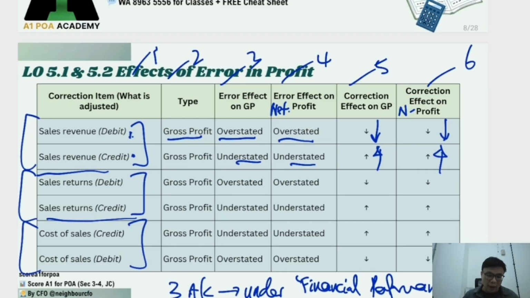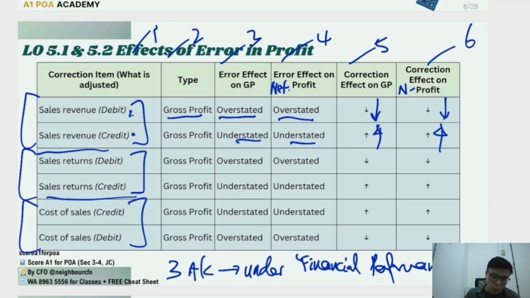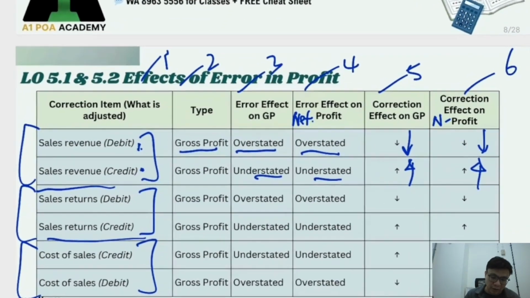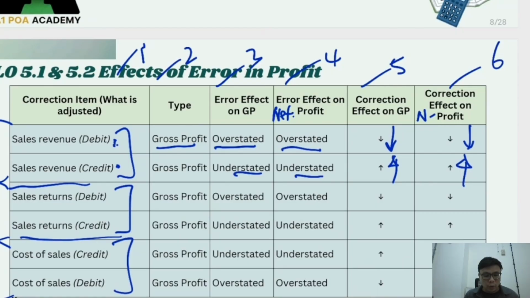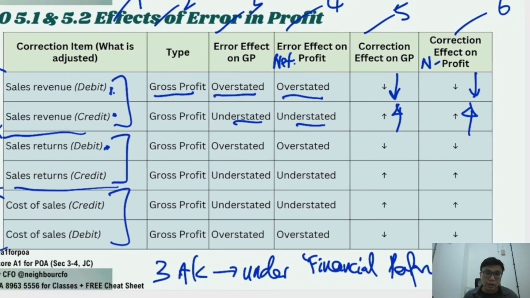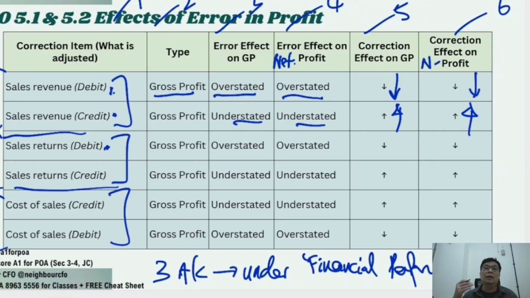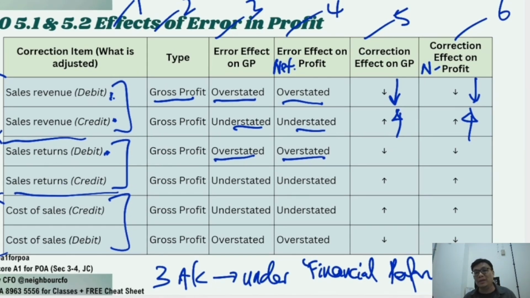So let us take a look. What do we mean when we do a correction by debiting the sales return? We know that the nature of the sales return is a debit nature. So when we debit the sales return, essentially what we are saying is that sales return is understated. And when sales return is understated, that implies that your gross profit and net profit are overstated.